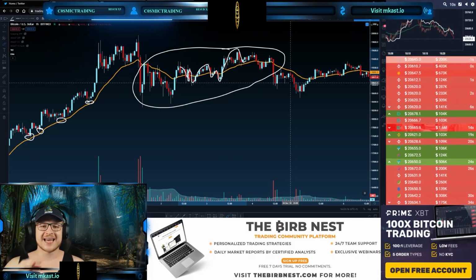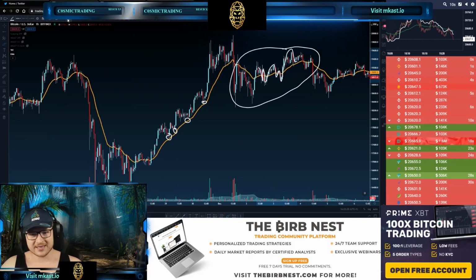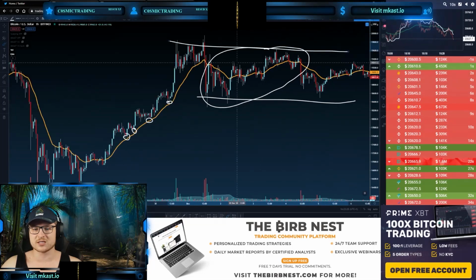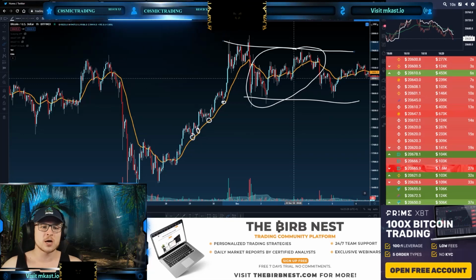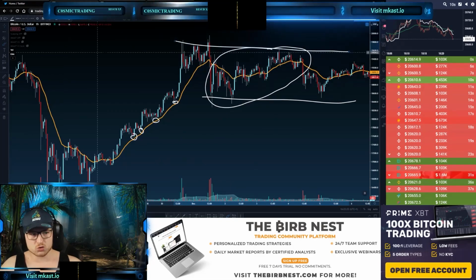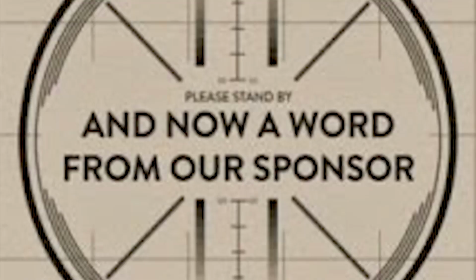Moving averages are not reliable in a range. The signals inside of a range, the entries and the crosses between a moving average and the price in a range, are not reliable. So here comes the tip and trick that you should really know about.